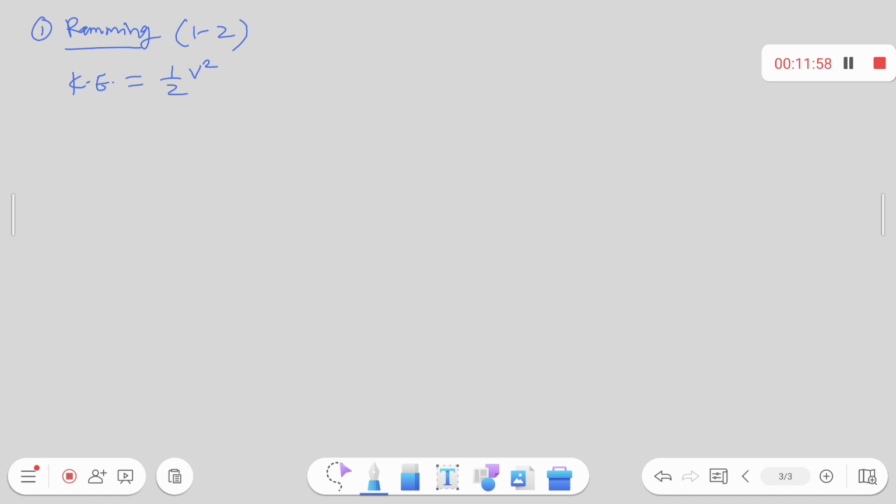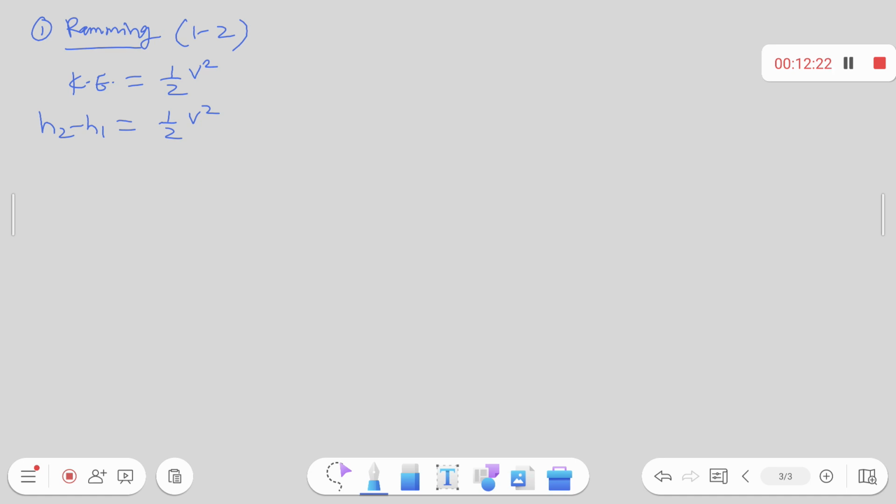Change in kinetic energy is what? Change in enthalpy, which is H2 minus H1, right? H2 minus H1, which is 1 by 2 V square, right?